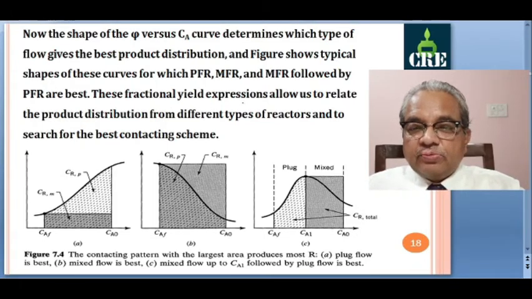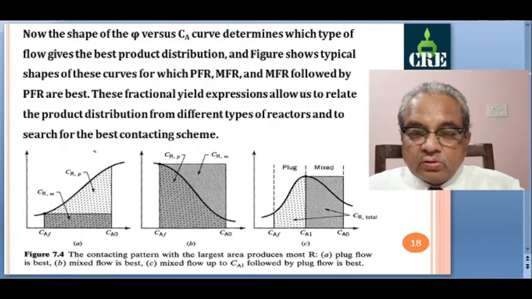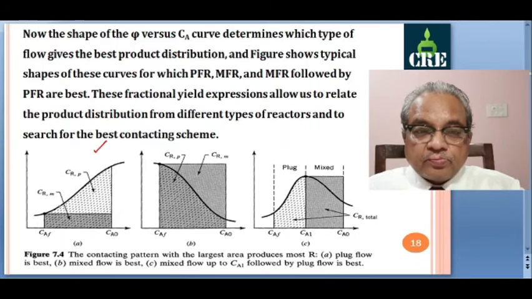These fractional yield expressions allow us to relate the product distribution from different types of reactors and to search for the best contacting scheme. So here you can compare at exit concentration.